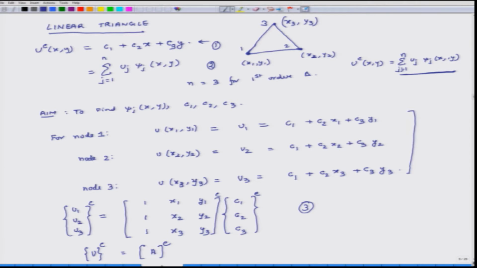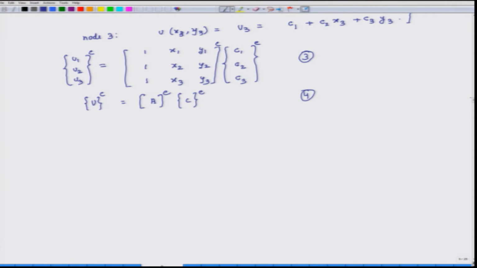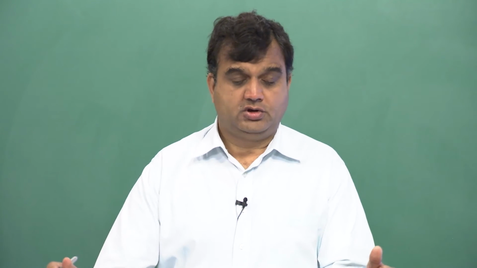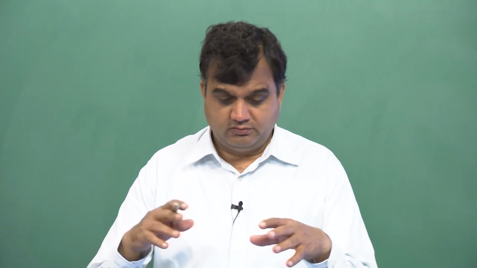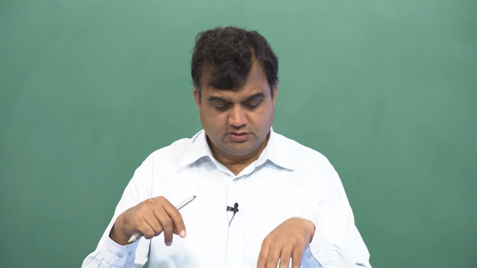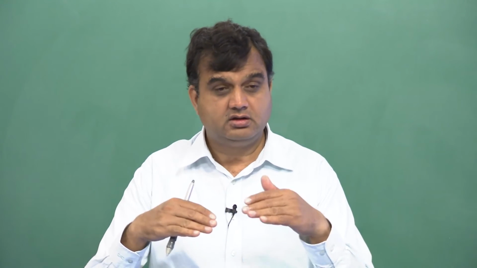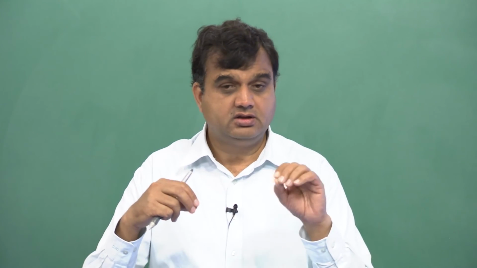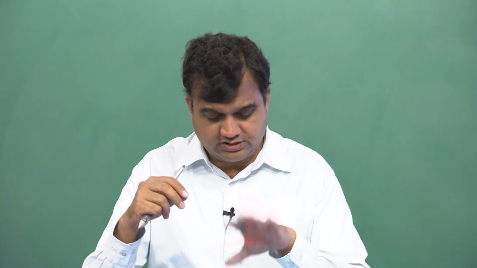This 3 by 3 matrix I call matrix A. Is matrix A for the eth element known or unknown? It is known, because we have discretized the domain and broken it up into a lot of triangles. For each triangle I know the coordinates of all the 3 nodes. So, we know matrix A.